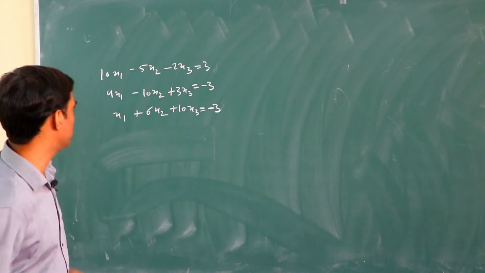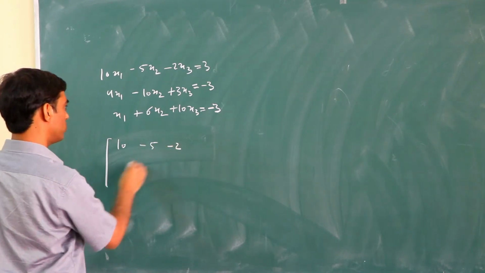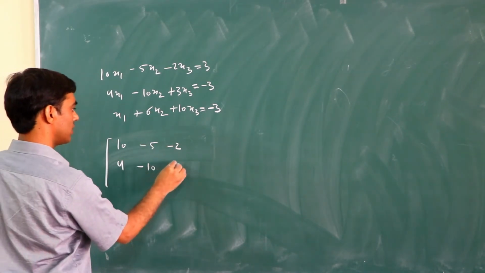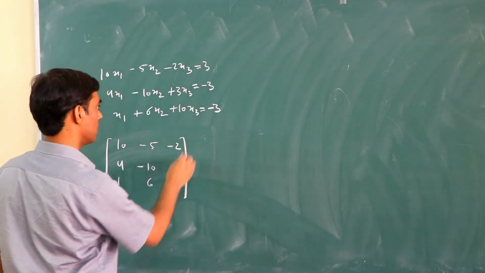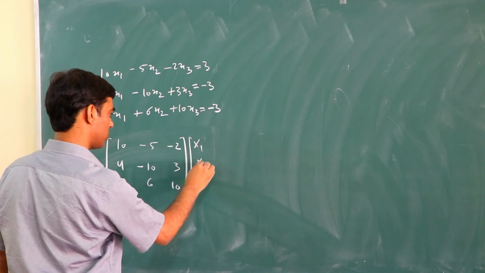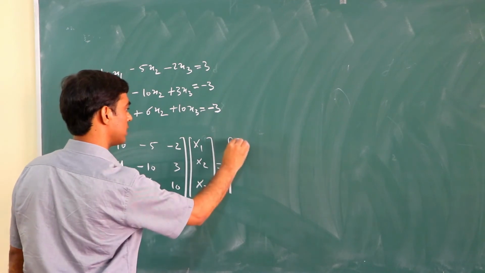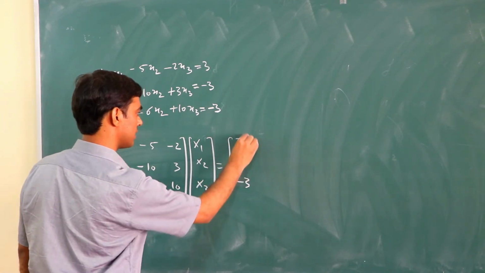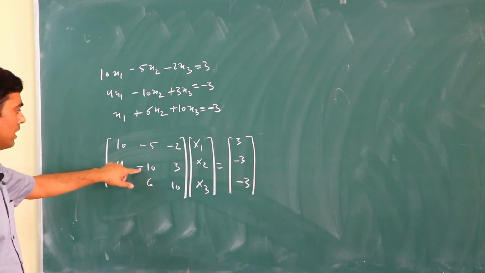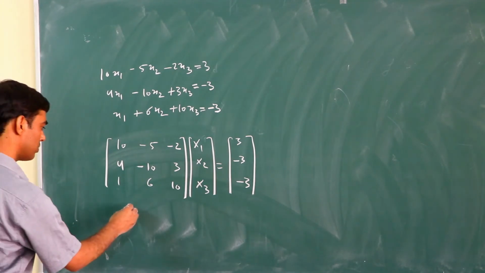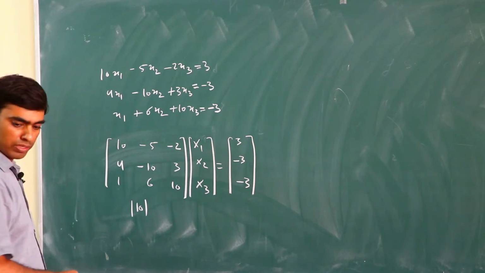If we write it in the form of a matrix, this becomes 10, -5, -2, 4, -10, 3, 1, 6 and 10, multiplied by x1, x2 and x3, equal to 3, -3, -3. So what are the diagonal elements? 10, -10, -10.